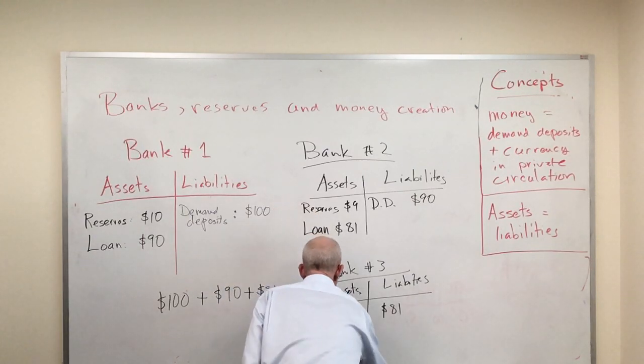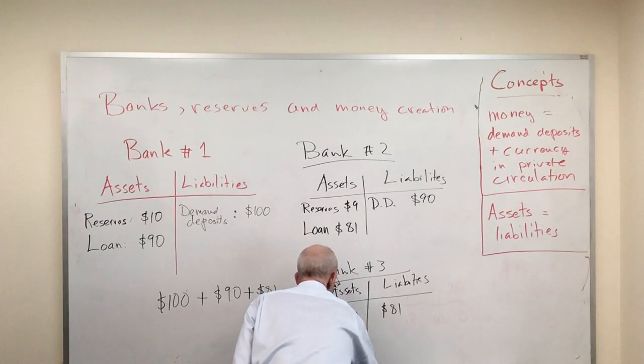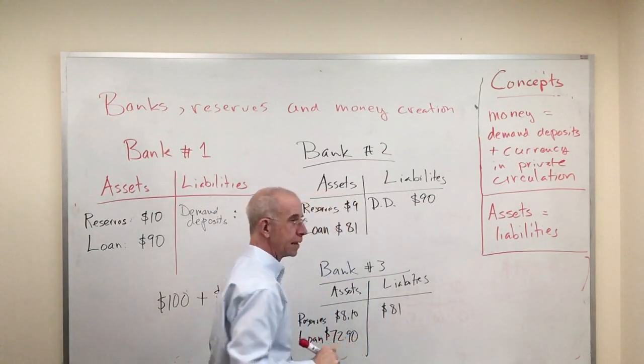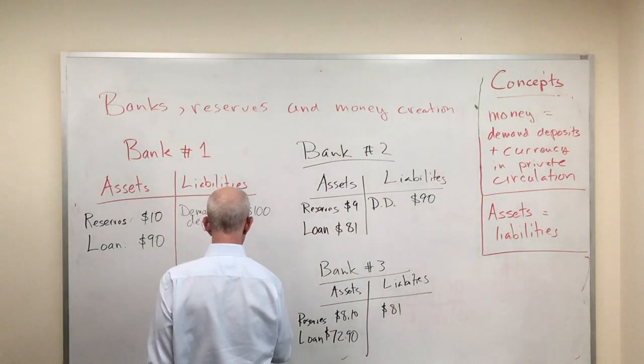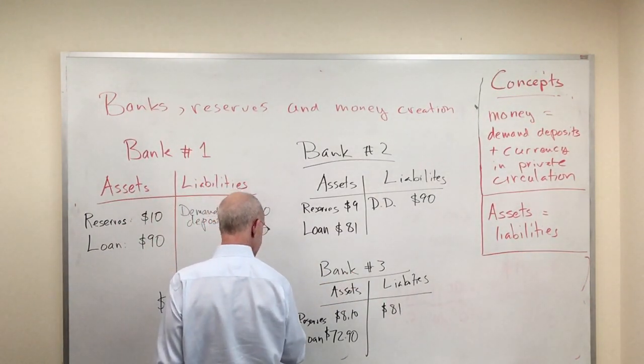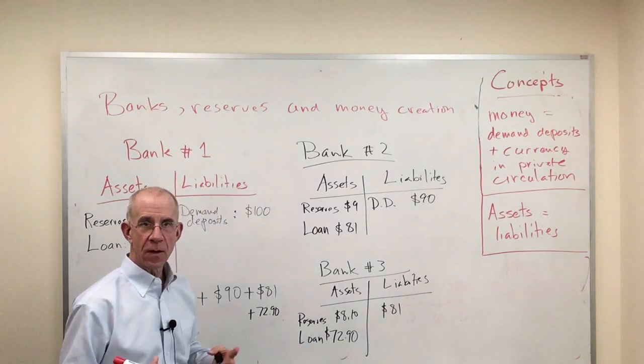So you've got, in this case, $72.90 in circulation, which adds to the original amount. And this goes on and on and on.